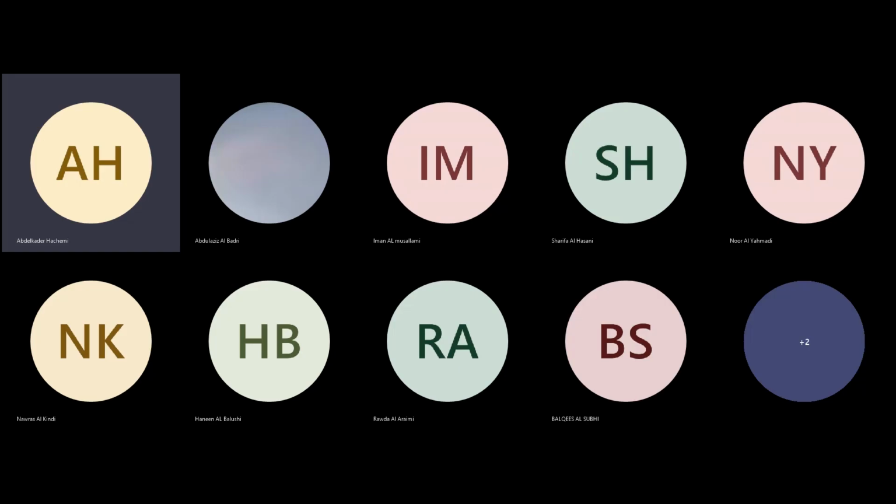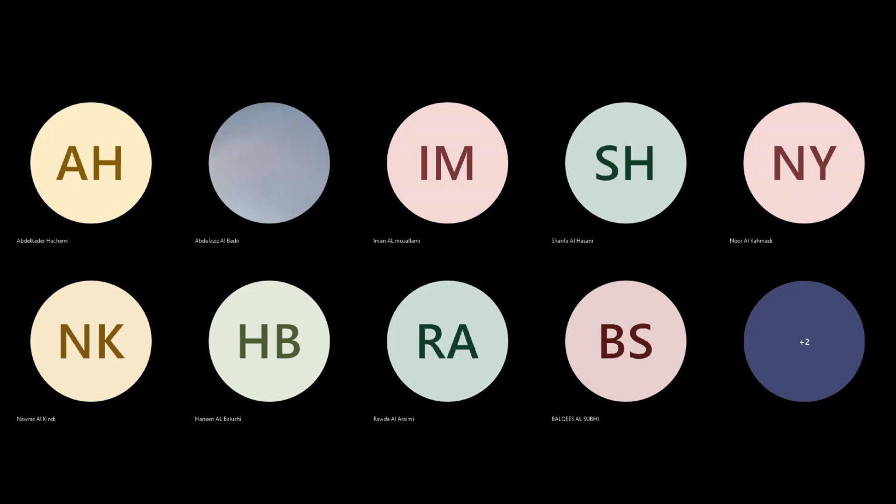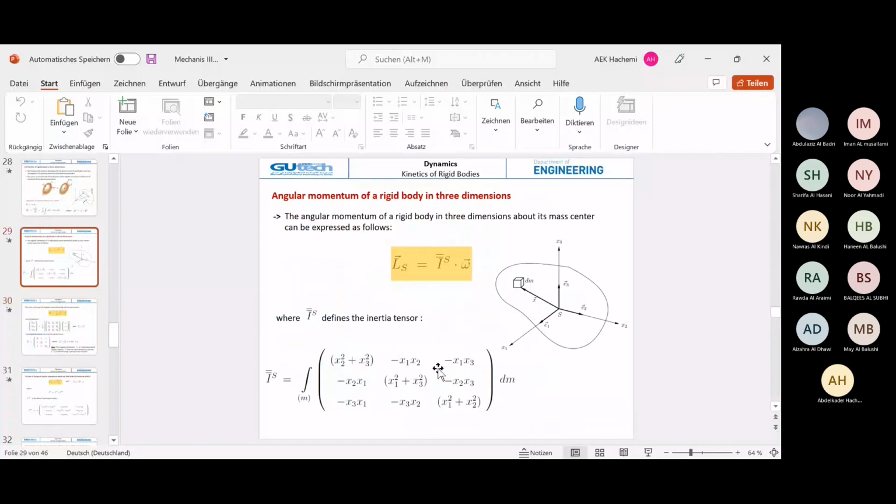Now, if we look at the expression in the lecture, we have the definition of the angular momentum: the inertia tensor multiplied via scalar product with omega.